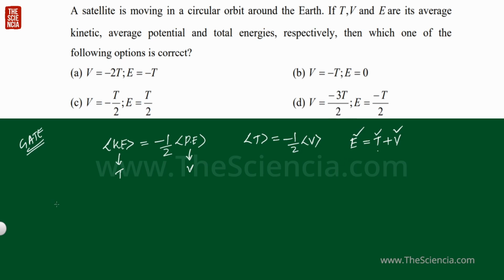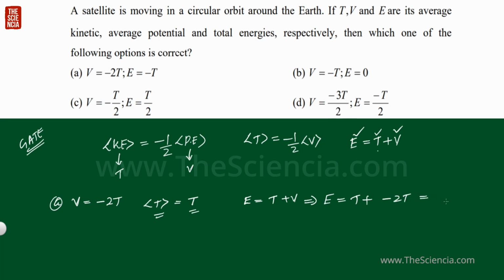Okay, so first I am checking the first option, that is V is given, equal to minus 2T. So we can find out the average value of T, that will be equal to minus 1 by 2 into minus 2T, that is T. So we can find out the total energy, that is E equal to T plus V. Here the average value of T is T itself, T plus the average value of V, that is minus 2T.